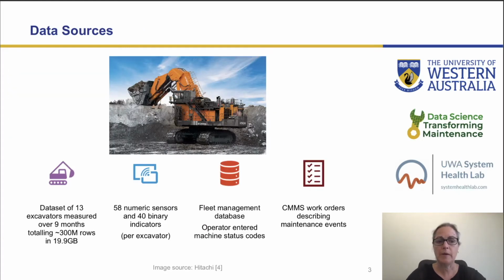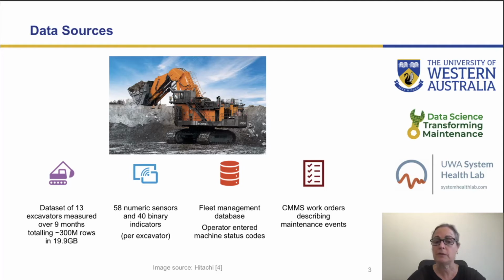This project has datasets from 13 excavators measured over 9 months. This totals 300 million rows of data in 19.9 gigabytes of files. Each excavator has 58 numeric sensors and 40 binary indicators. In addition to this stream sensor data, we also have two other important data sources.